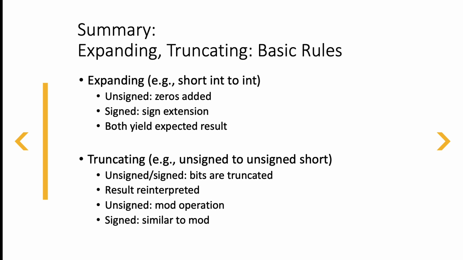It's going to work a little differently. So it's kind of going to be similar to a mod operation, but it might actually flip the sign on us, for example. But for small numbers, this yields expected behavior as well.